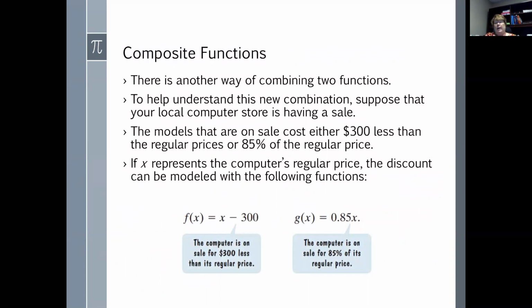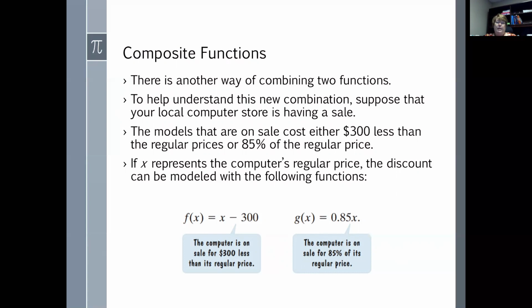All right, the other way that we can combine functions is by combining them using a composite. To understand this new type of combination, let's look at this example. Suppose you go to your local computer store and they're having a sale, and they've got 2 different sales going on.